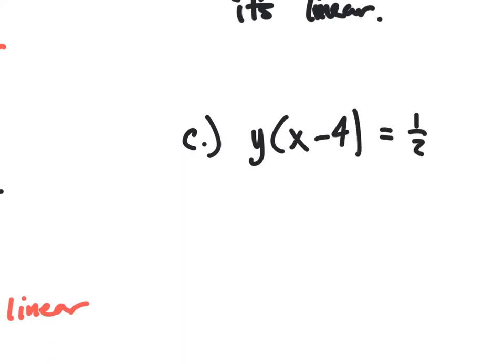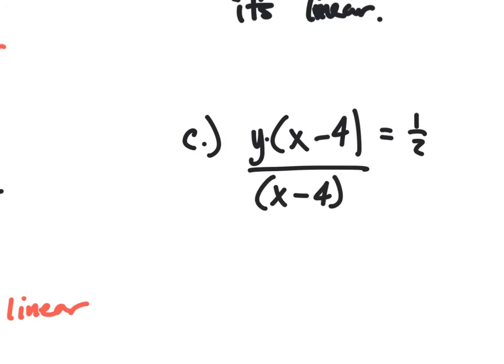Now what I want to do, and this is where it gets weird, is solve this equation for y. Now I'm multiplying y by this quantity here, x minus 4. And this is the hard part about algebra, bridging the gap of understanding how to solve this for y. Because I'm multiplying by a quantity, if I want to move that entire quantity over, I would divide by x minus 4, that entire quantity.